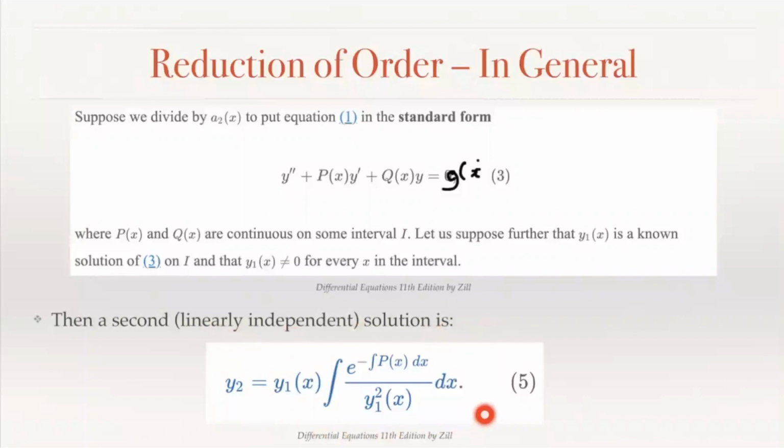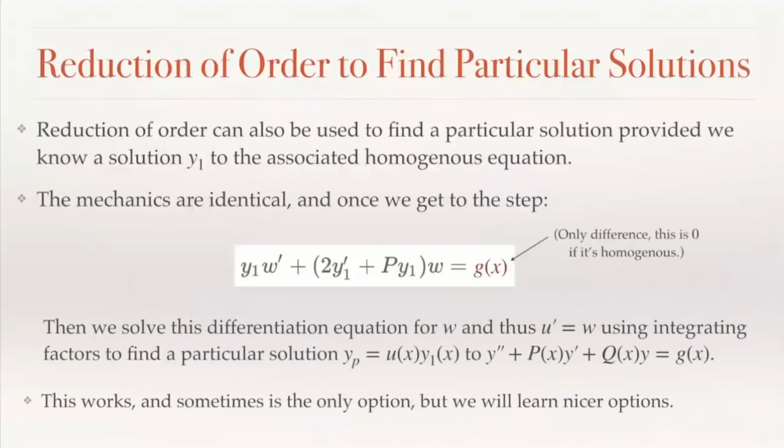Go through the derivation of what we did here, and you'll wind up with a similar vast simplification and a first-order differential equation that allows you to find a particular solution. And what you'll wind up with is this. This should look familiar. This is what we got halfway through that derivation, except now the right-hand side will be g of x instead of 0.